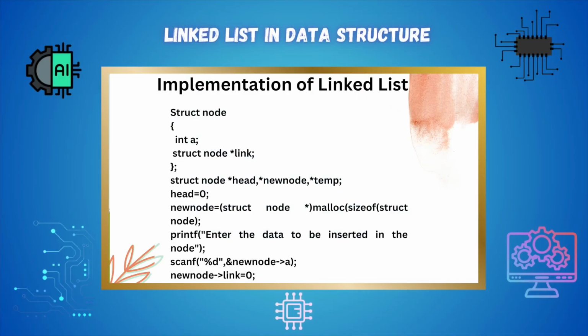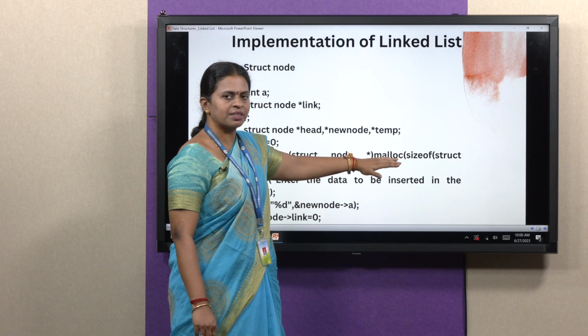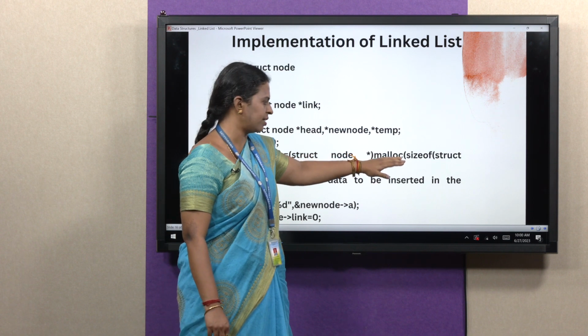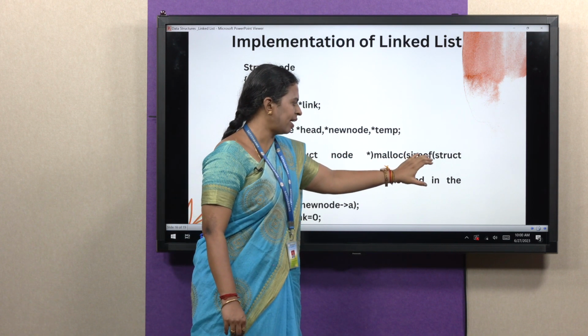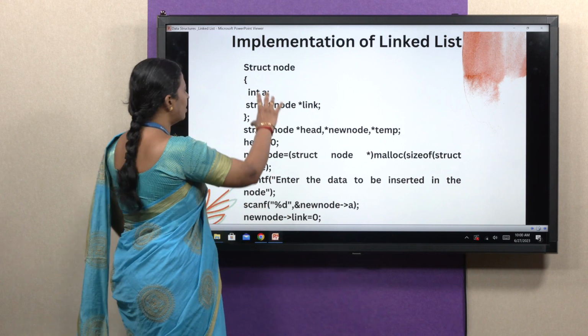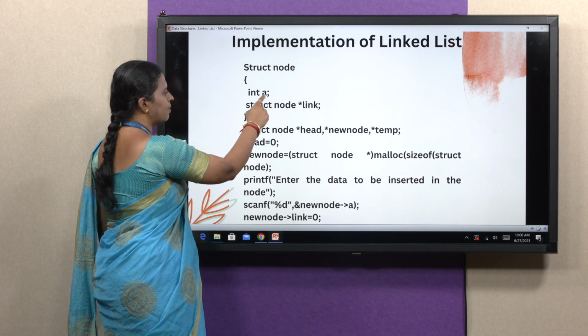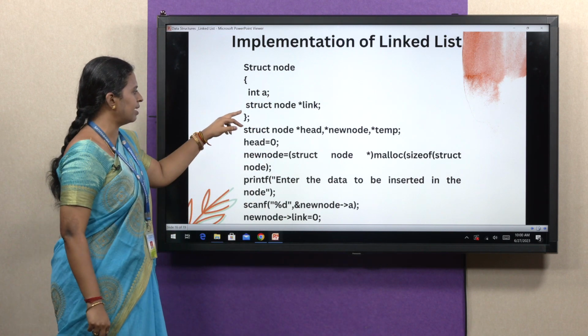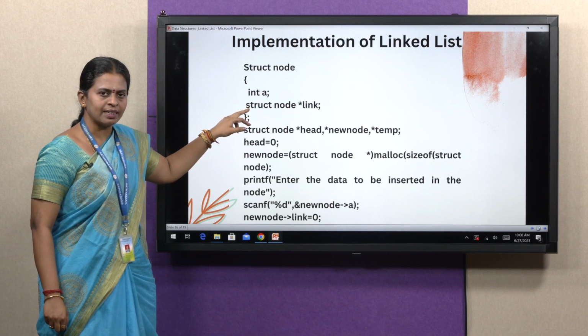So now we are going to allocate the memory. Since we are doing dynamic memory allocation, we have a function called malloc, right? Malloc is used to create dynamic memory allocation, and we find the size of struct node. What is the size of struct node? 4 bytes for storing the data and 4 bytes for storing the address.